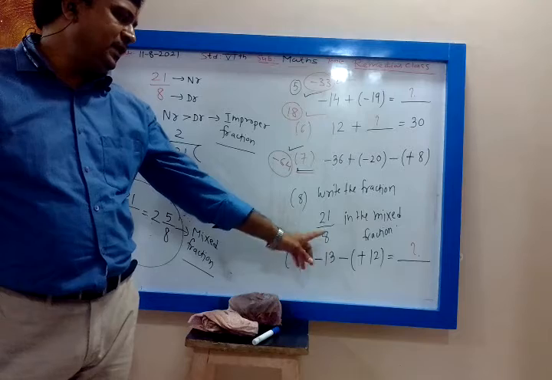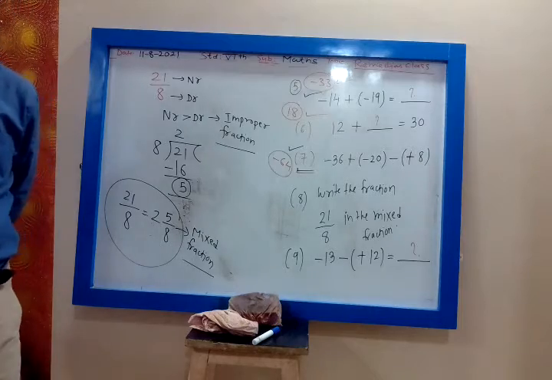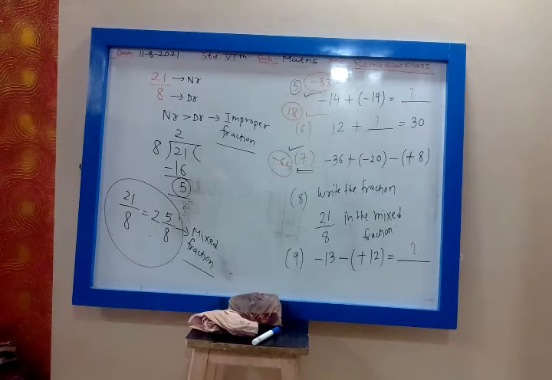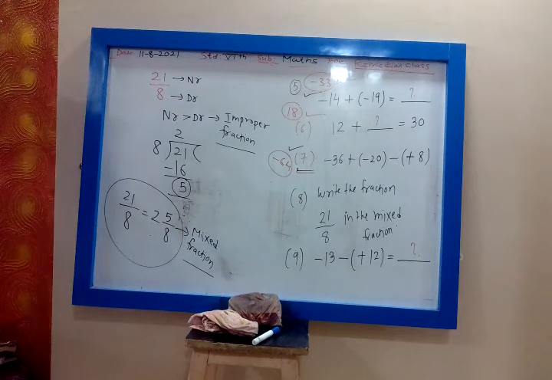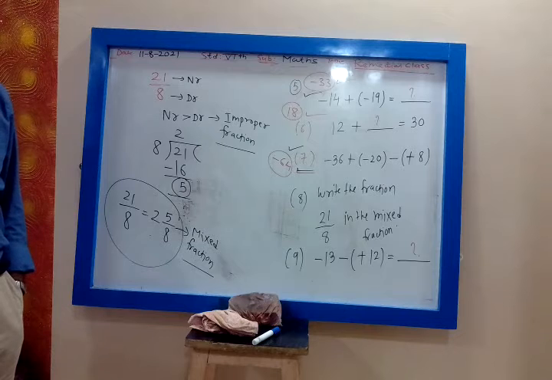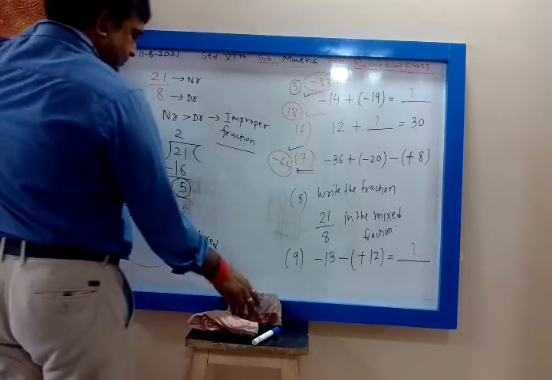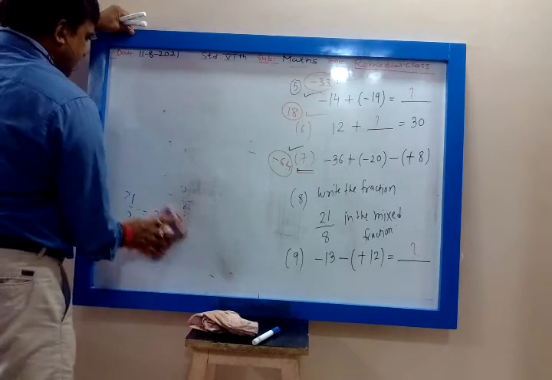Minus 13 minus plus 12 is equal to dash.